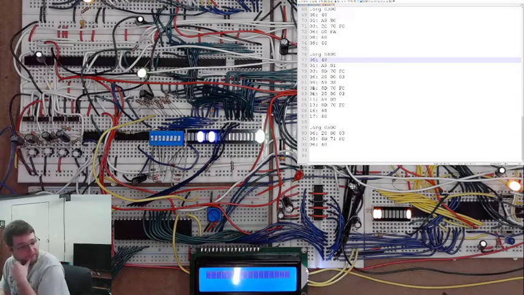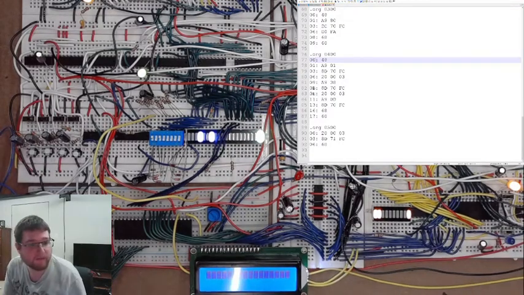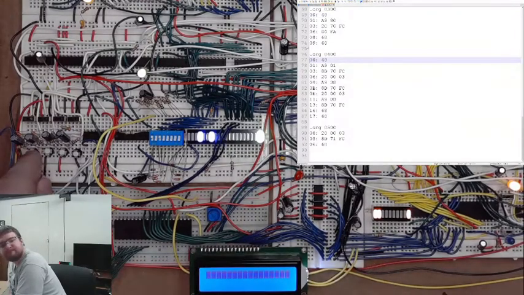We're there. Now we're up here, which is 4 8. A9. It probably does a push.